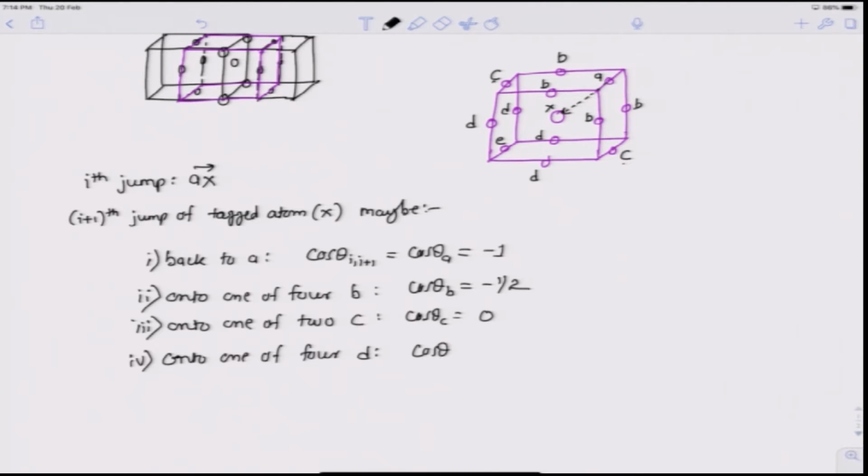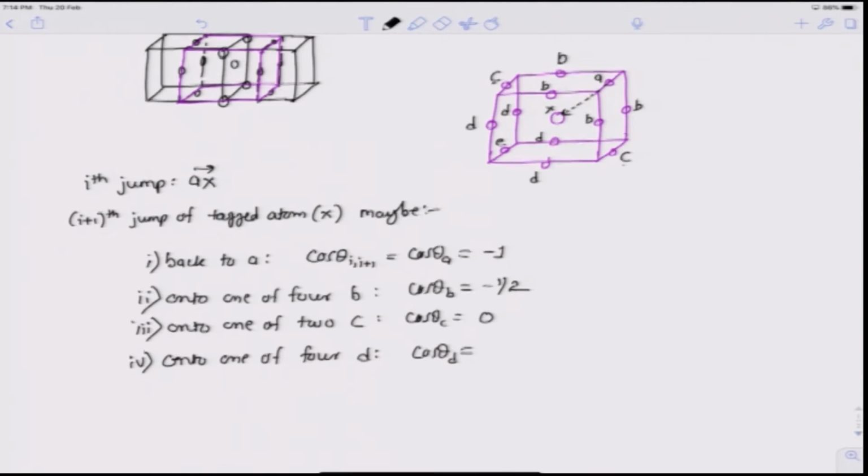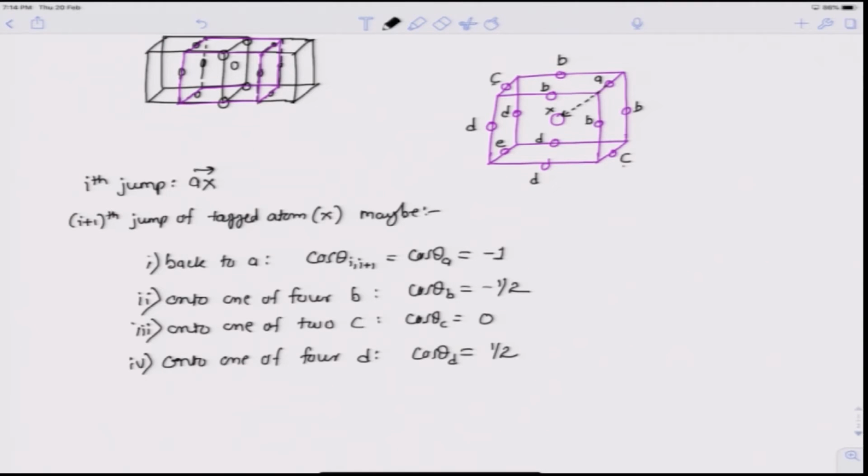So, cos theta D would be half, because any of the jump vector X D is making an angle of 60 degree with A x, or it can be straight onto site E, for which cos theta would be 1.